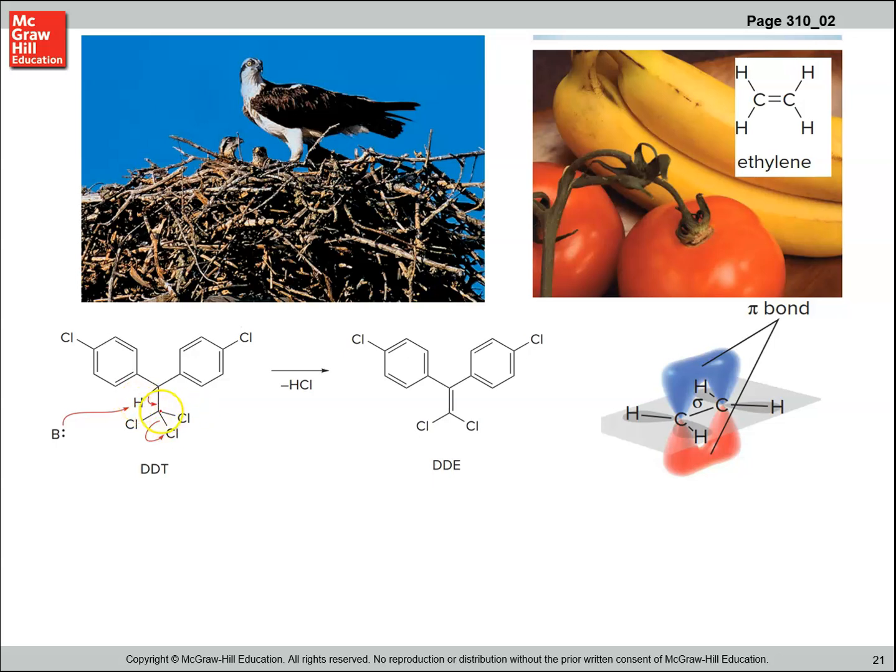This carbon is the alpha carbon, and here's the beta carbon. So this base pulls this proton, and then we eliminate one of the chlorines, and DDE, the other compound that's generated here, has the double bond. We have the elimination reaction. These are the compounds that actually build up in the fatty tissues.